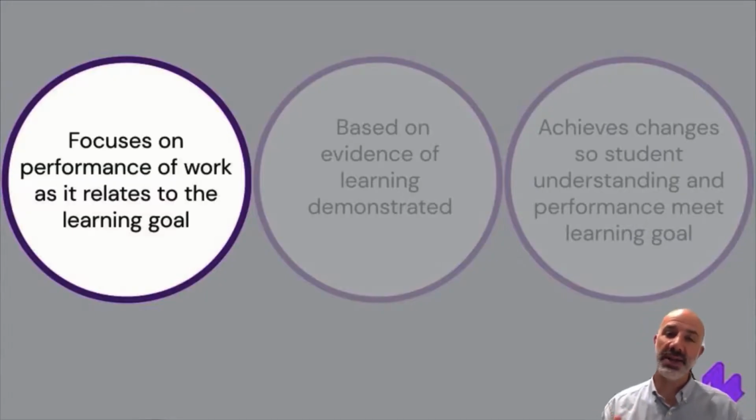Now I have 3 ideas here. We're going to dig into each one of these individually to make sure we can really focus your attention on creating impactful feedback. So idea number 1 is that the feedback we're providing focuses on performance of work as it relates to the learning goal. I know that it can be really tempting sometimes to provide feedback that's critical of the work that's being done by students, but not necessarily always connected to the purpose and the target and the learning goal.